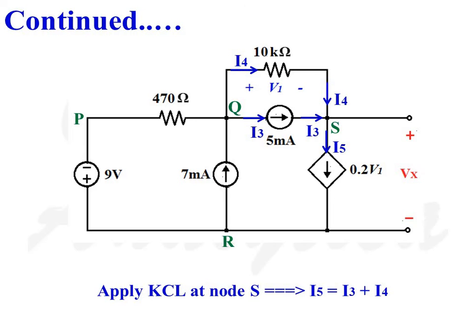Apply KCL at node S. There are three currents associated with node S, I3, I4 and I5. Here I3 and I4 are incoming currents while I5 is outgoing current. So according to KCL, we can write I5 is equal to I3 plus I4.